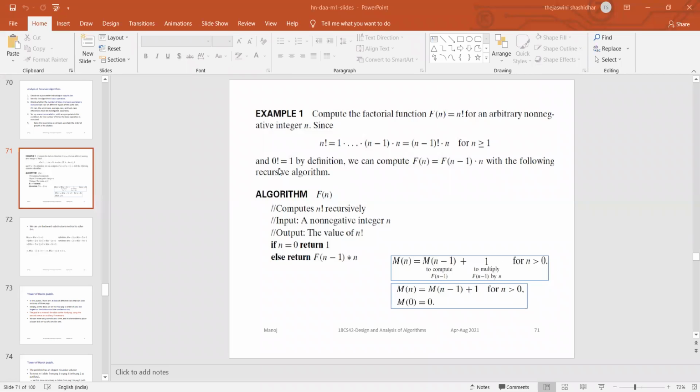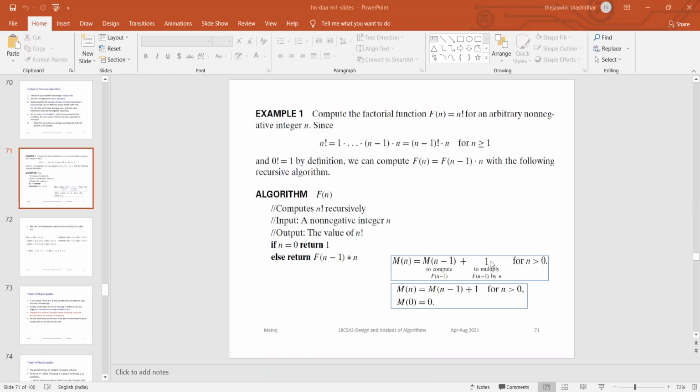But when you go for 1 factorial, what will you put? 1 into 0 factorial. So 1 into 1 minus 1 factorial, you will be taking it as 0 factorial. That's why you are going for a value. If n is 1, if n is 2, if n is 3, if n is 4, what is the recurrence relation? It is m of n minus 1.